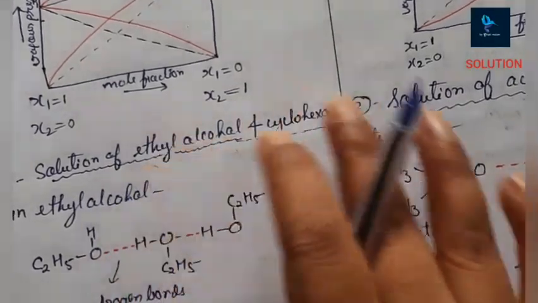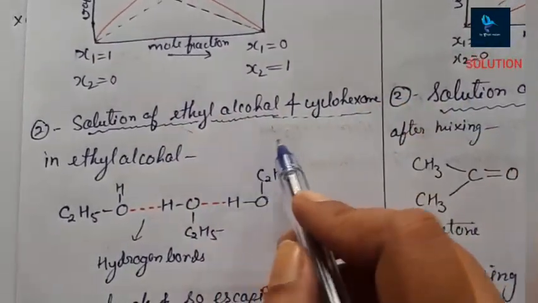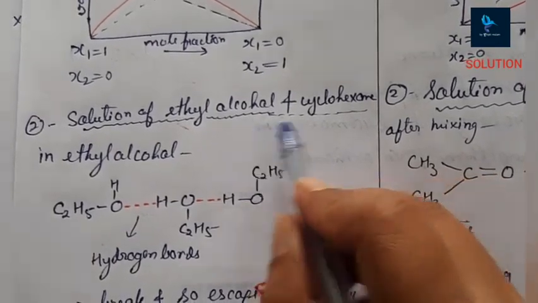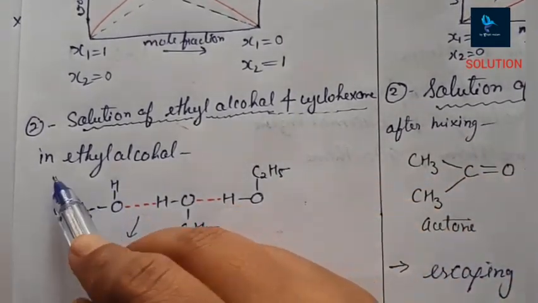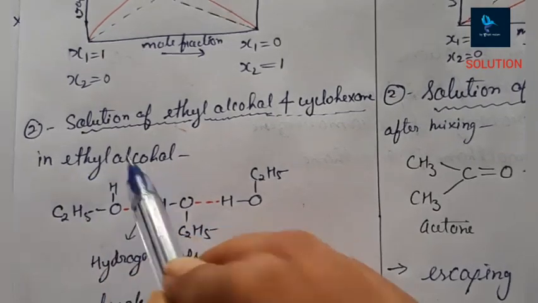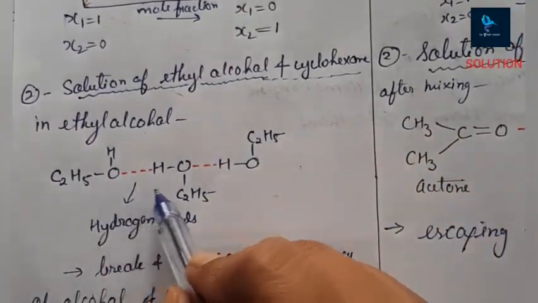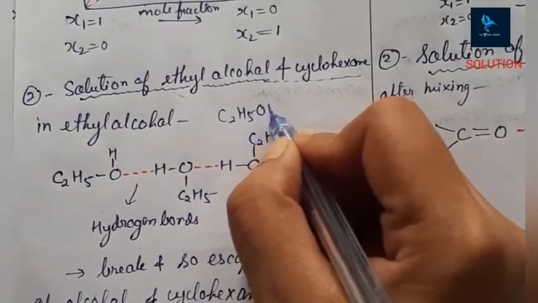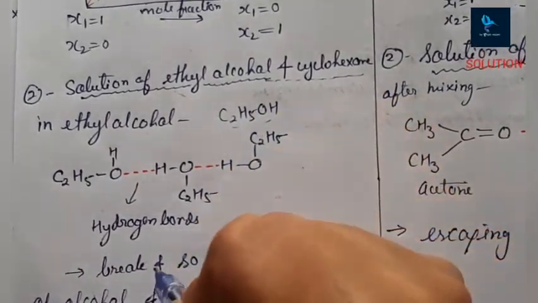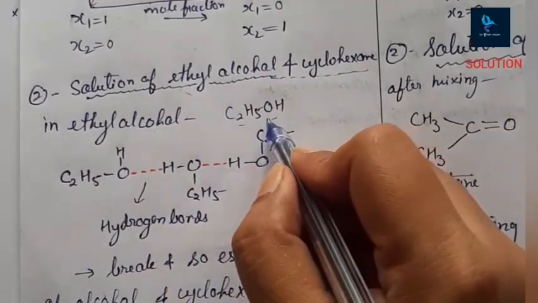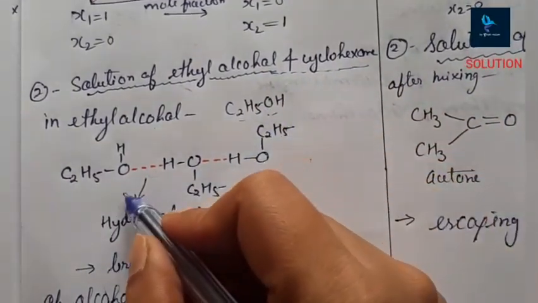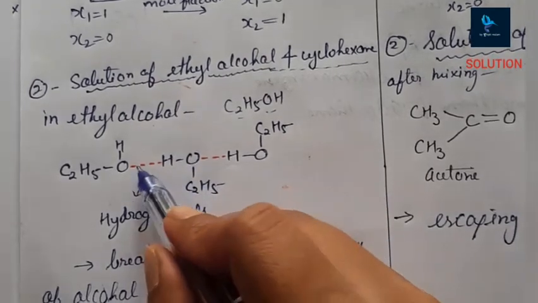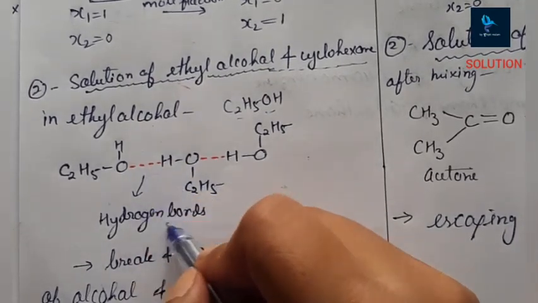Second, the solution of ethyl alcohol and cyclohexane. In this solution, when we see ethyl alcohol, C2H5OH, the formula of ethyl alcohol, the molecules of ethyl alcohol form bonds with each other, and these bonds are hydrogen bonds.